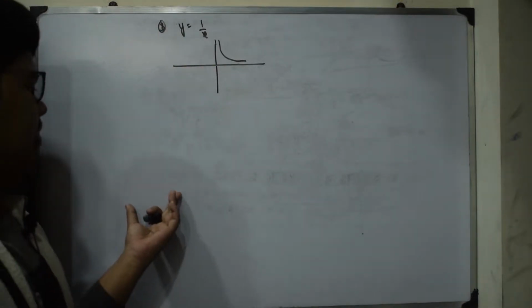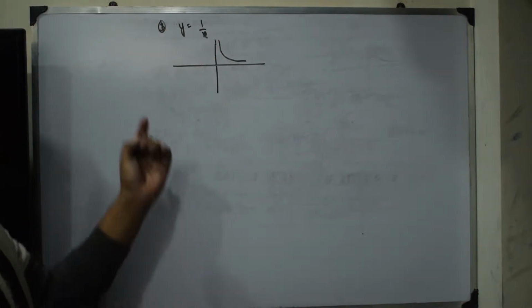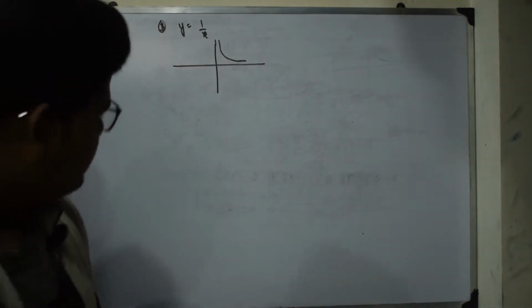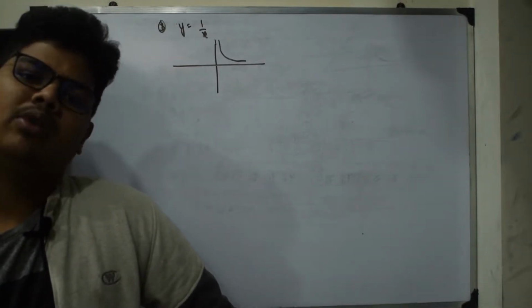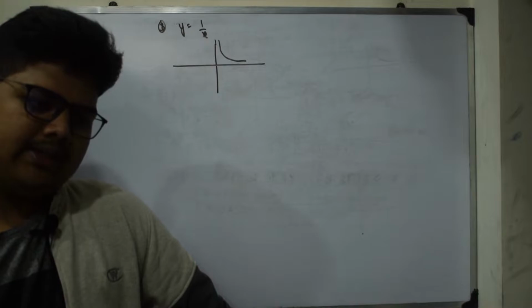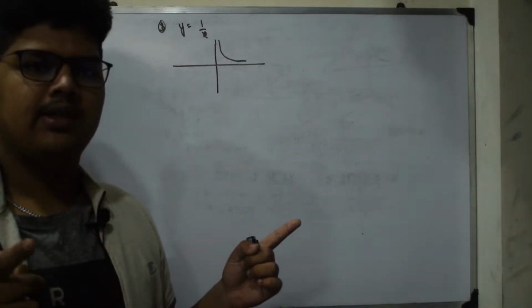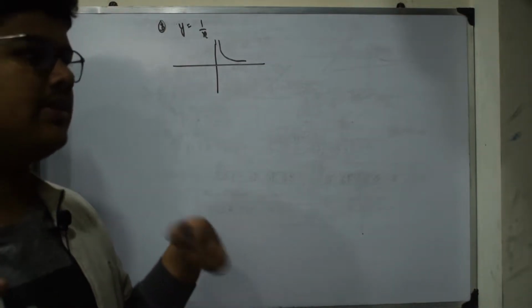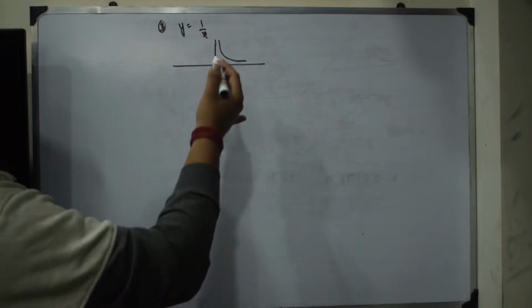If a quantity is inversely proportional to something, the graph is like this. So basically, I guess everybody is in class 12. Like in Coulomb's law, we know that the square of the distance between two point charges is inversely proportional to the electrostatic force.